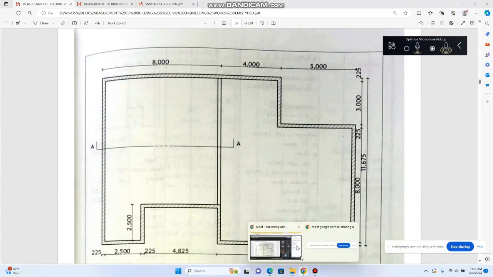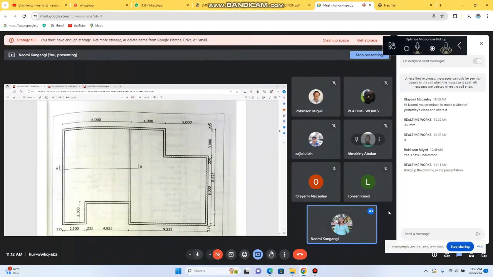I think I should point names. Okay, any volunteer to try and tell us the dimensions for the site where the building will occupy. I hope you can see the drawing. Can you guys see the drawing?